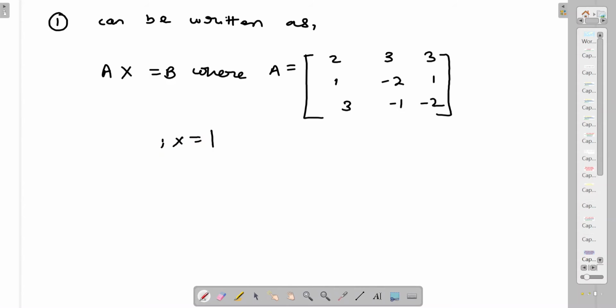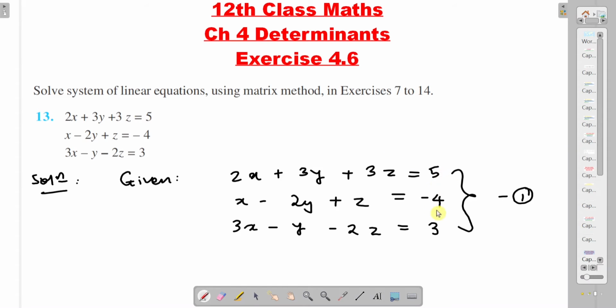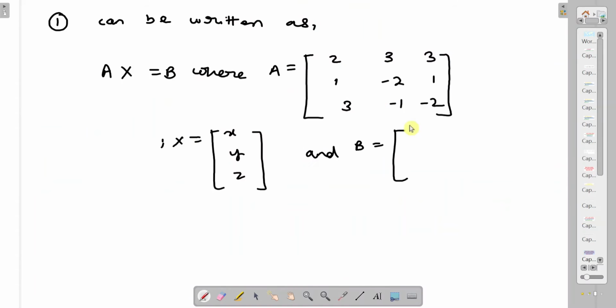Then capital X is the variable column matrix x, y, z, and capital B is the column matrix containing the right hand side constants 5, minus 4, 3.